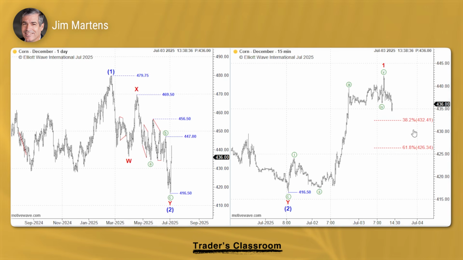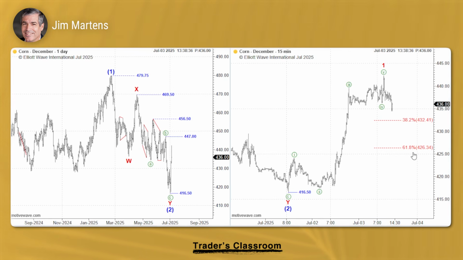Wave 2, or B, I should say, 2 or B, will retrace 38.2% of the rally, and a bit lower at 426.25, a correction would retrace 61.8% of the rally from 416.5. So we have a couple of objectives.